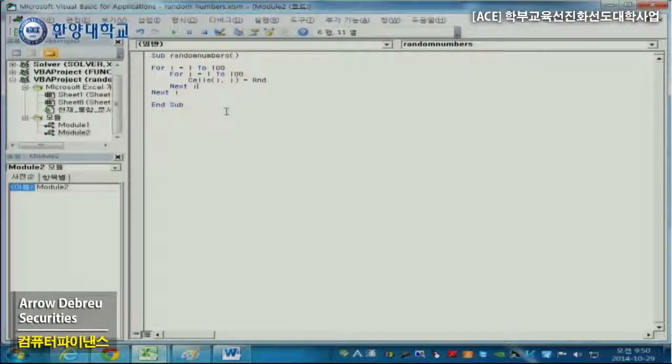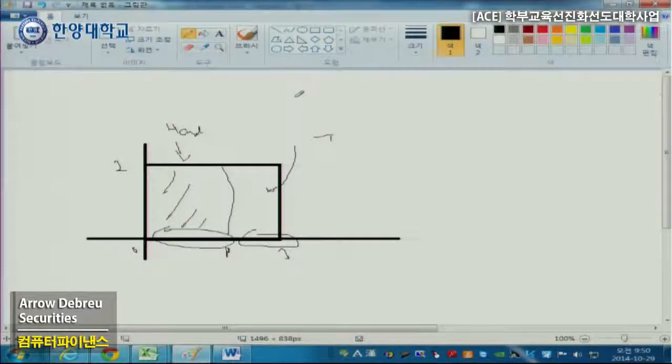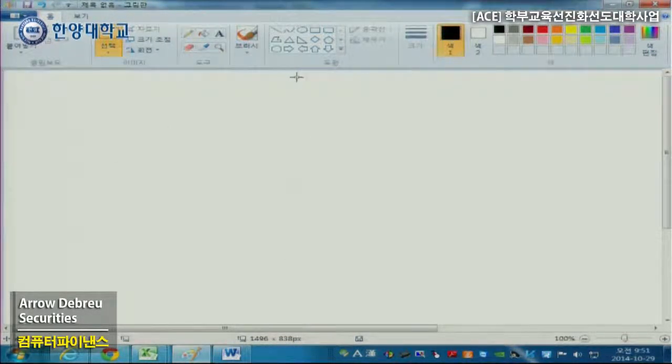So next, we want to generate a random number from standard normal distribution, and let's think about what the standard normal distribution would look like.